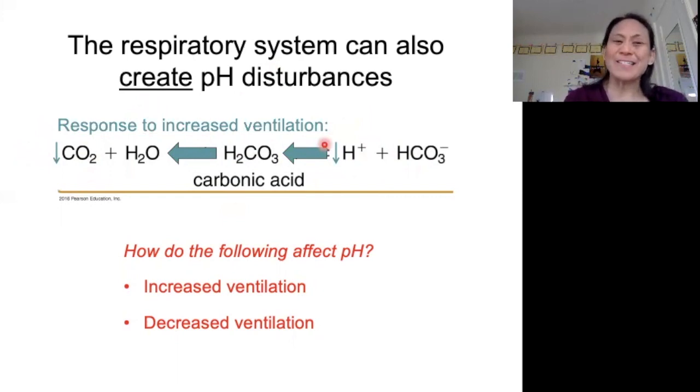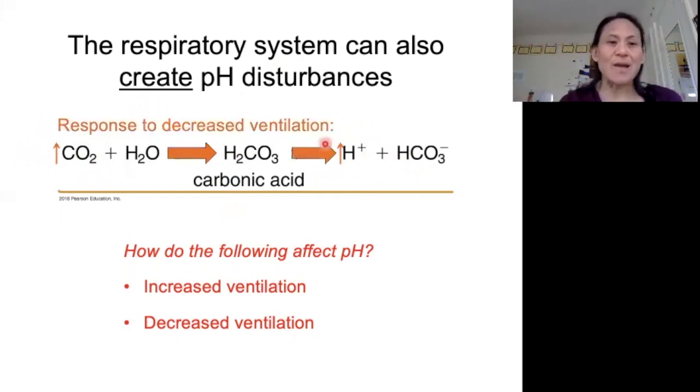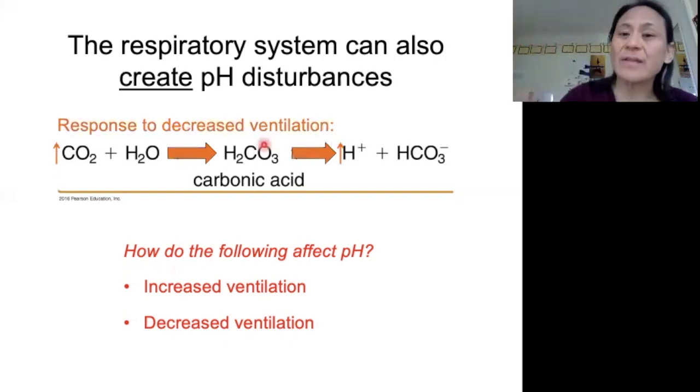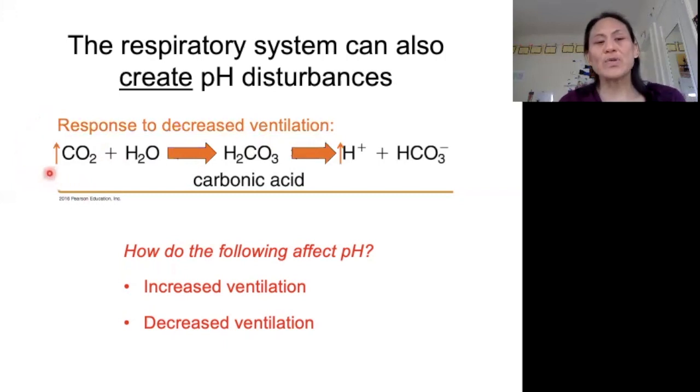Looking at the response to decreased ventilation, it's going to be the opposite. If we are not breathing enough, we are going to have our CO2 build up. That is going to drive this equilibrium reaction in the rightward direction. That is going to drive up our hydrogen ion concentration, which drives down our pH.